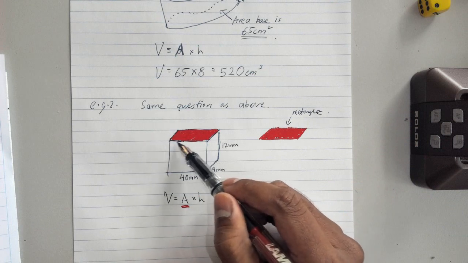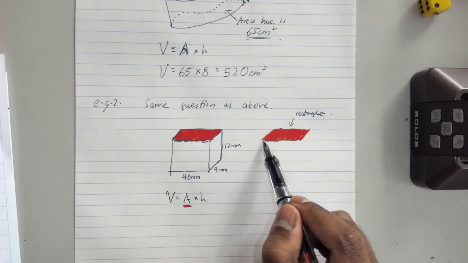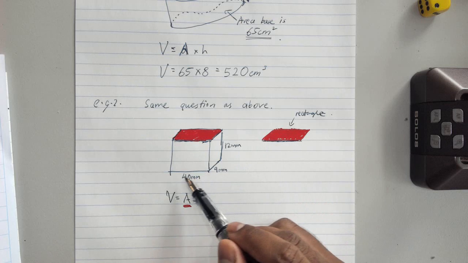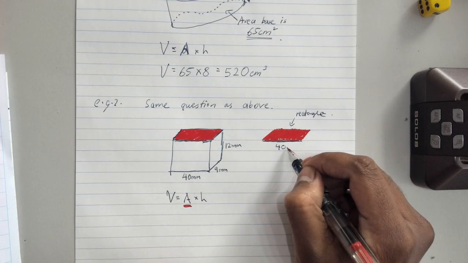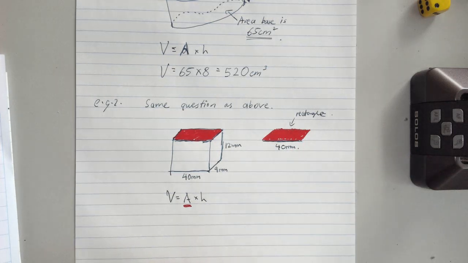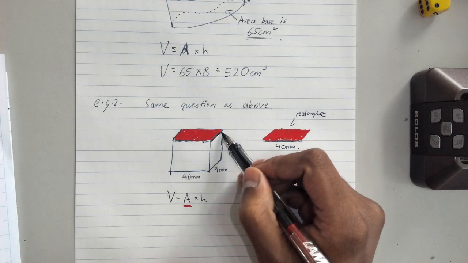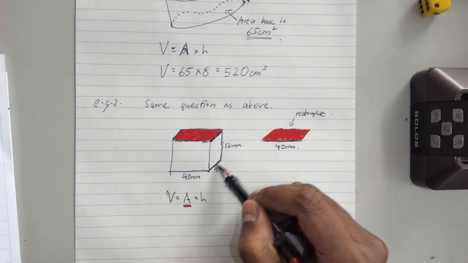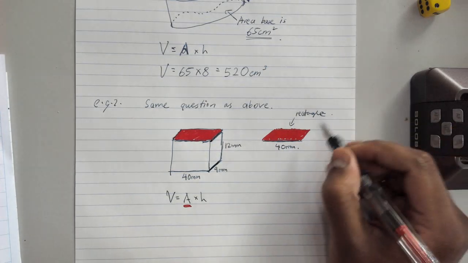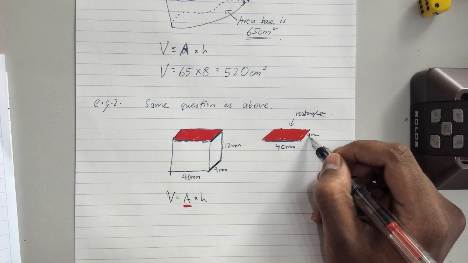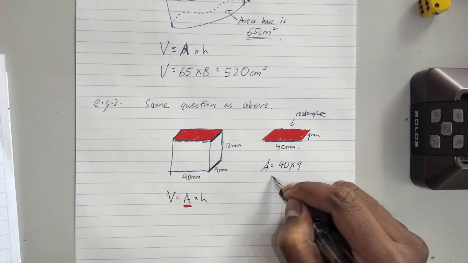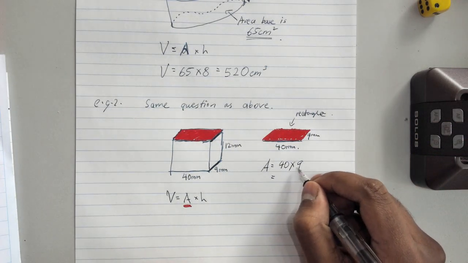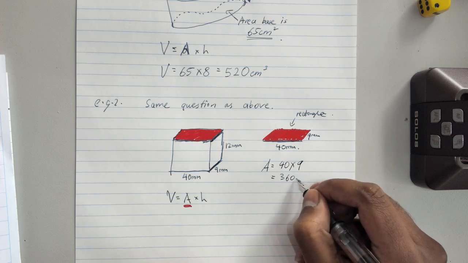So what is the length here? Well, that's 40, and that means that's also 40. What about this here? Well, we don't know what that is, but we know that's 9, and this is the same as that, so that's going to be 9. So the area is going to be 40 times 9, which is going to make it 360.